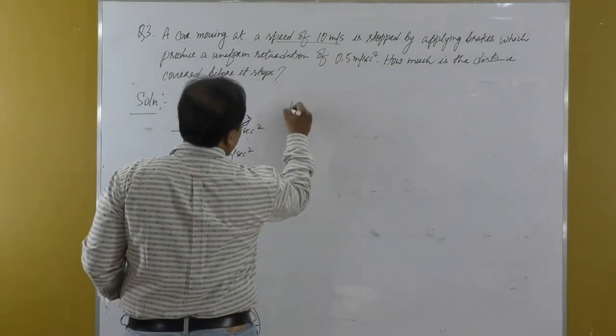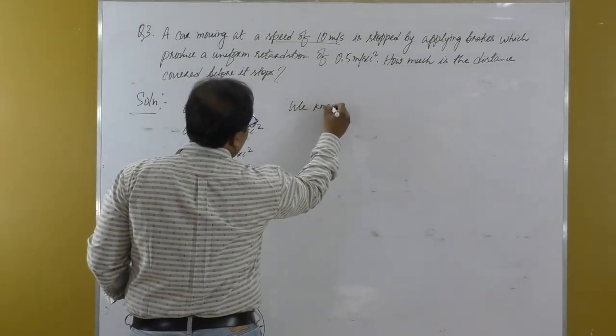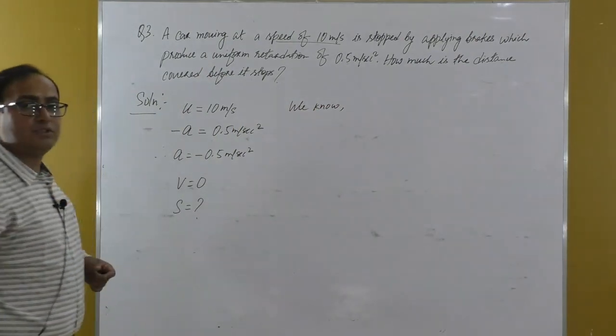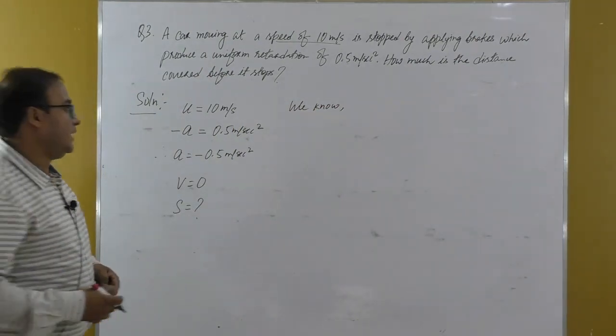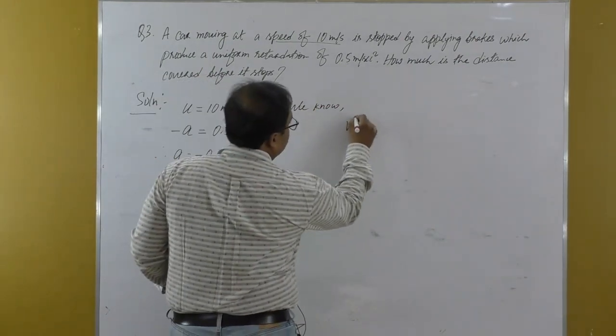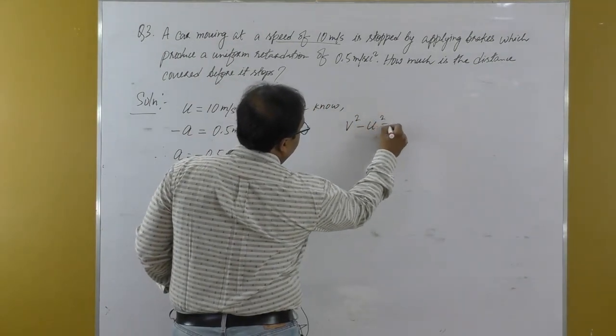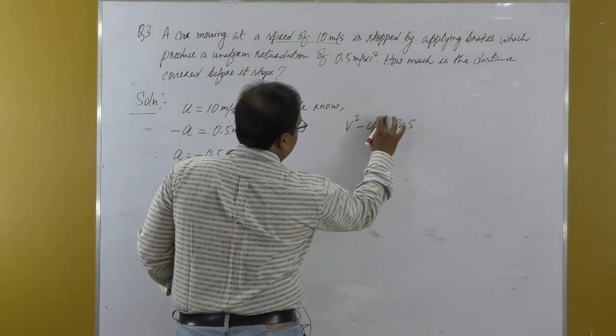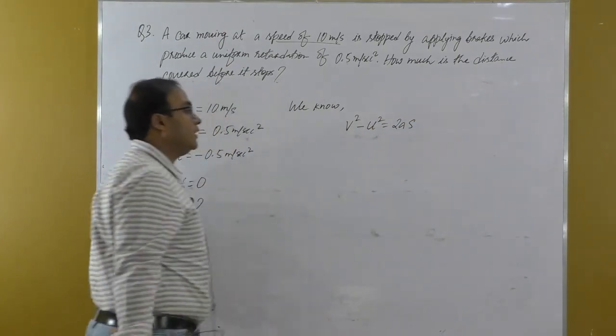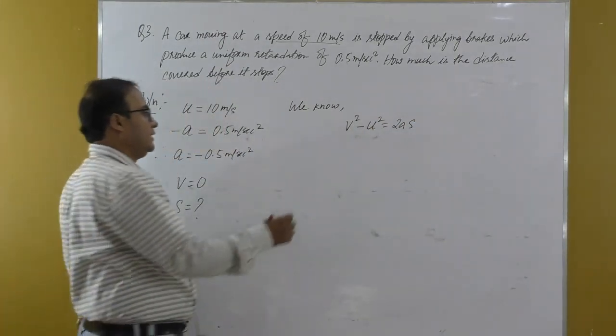Now the equation to solve this, if you look at the given things, you can easily understand which equation you need to apply. It is v square minus u square equals to 2as.